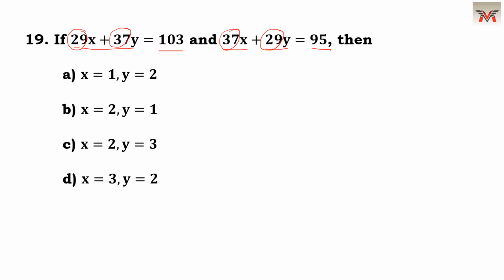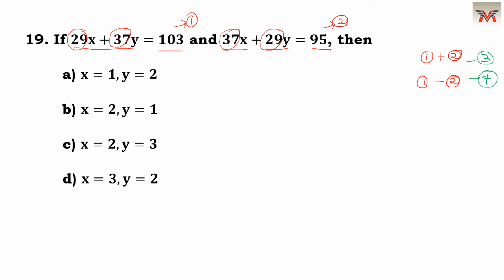Therefore, we can consider this equation as equation 1 and this as equation 2. So when you have this kind of problem, in the sense that the coefficients are interchanged in the first and second equation, you can go with this method: find equation 1 plus 2 and equation 1 minus 2, and number them as equation 3 and equation 4.